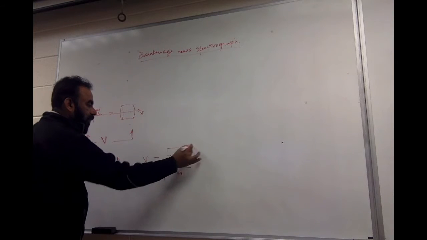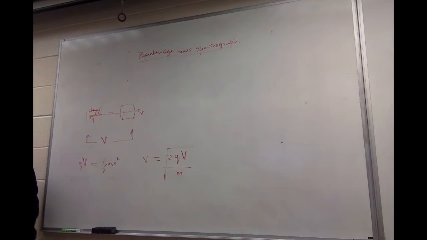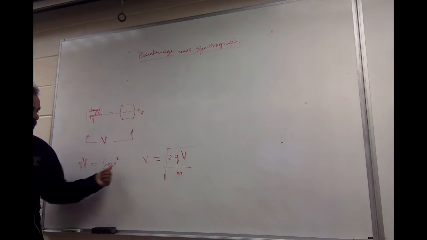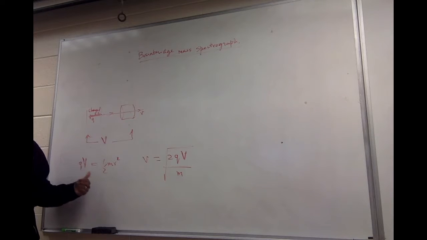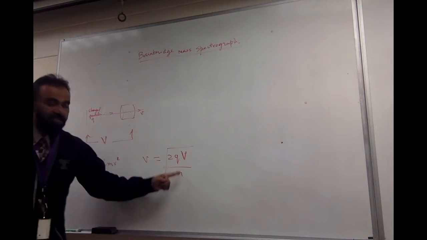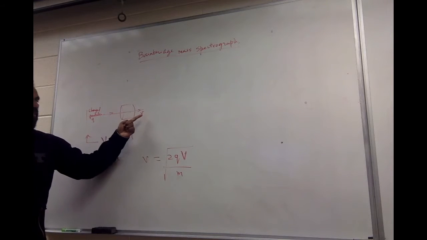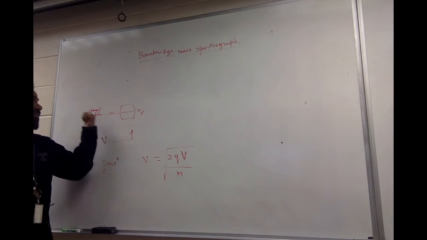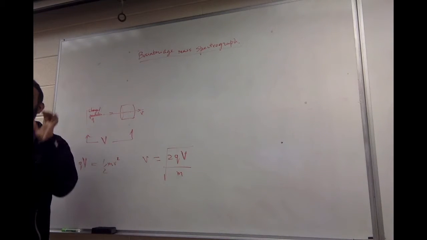If you make small v the subject of this equation, you get v is equal to the square root of 2qV over m. Is that okay? So this is the speed with which the charges are going to come. And that is if these particles were initially at rest.